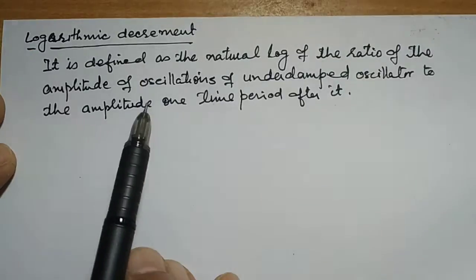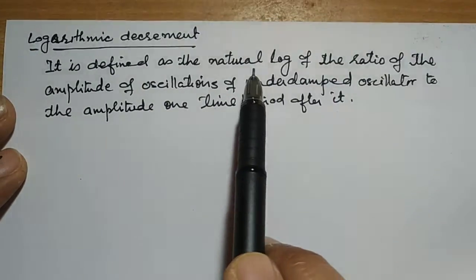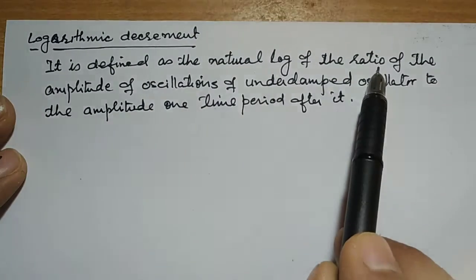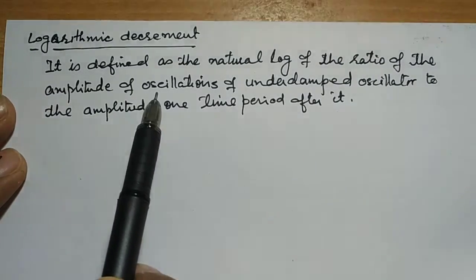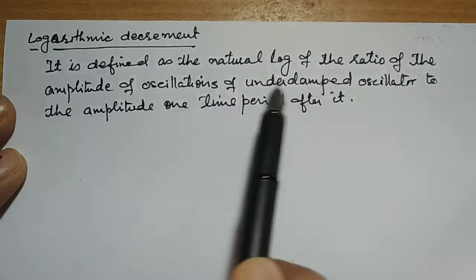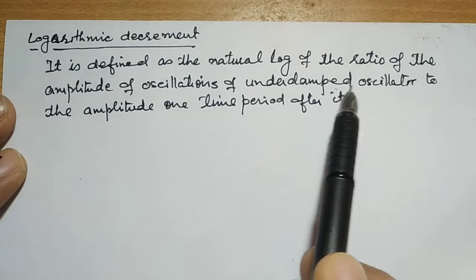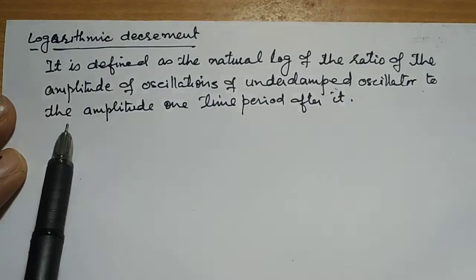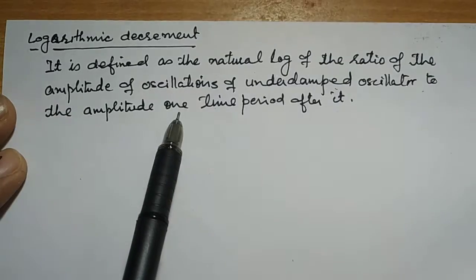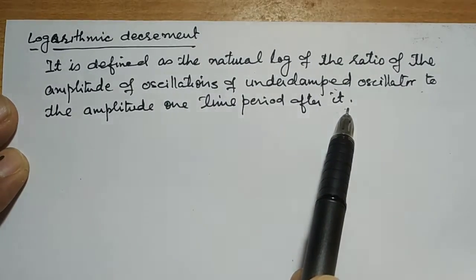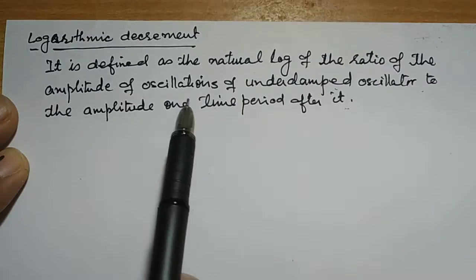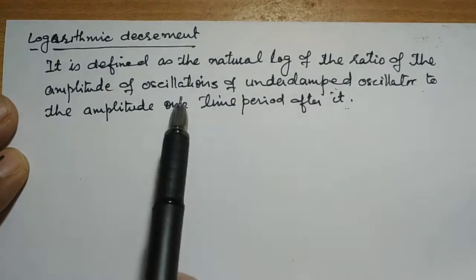Logarithmic decrement is defined as the natural log of the ratio of the amplitude of oscillations of an underdamped oscillator to the amplitude one time period after it. So that is the definition.